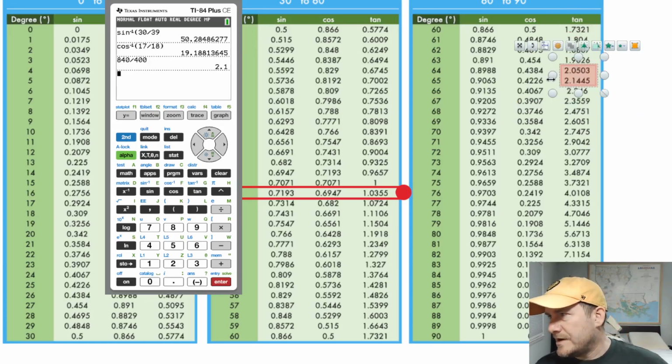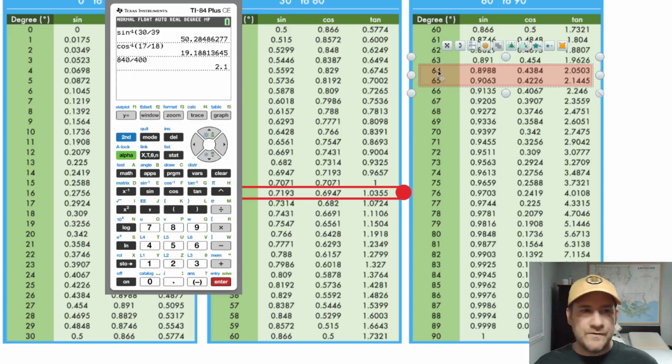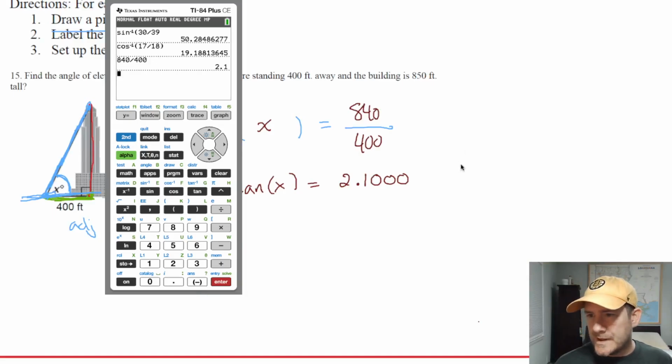So that means our answer should be the angle that falls between 64 and 65. And again, like I said, that's good enough. So you can tell me x is somewhere between 64 and 65.